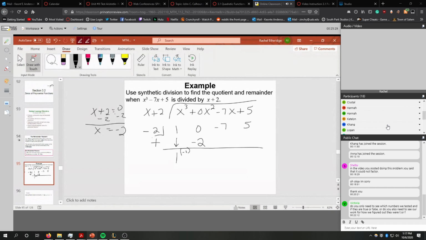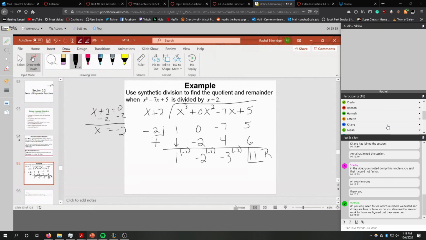Now I'm going to add. Then I'm going to multiply by -2 again and bring it to the next space over. Then I'm going to add again. Then I'm going to multiply by -2. And that gives me 6. And I'm going to add and I get 11. 11 is the remainder.